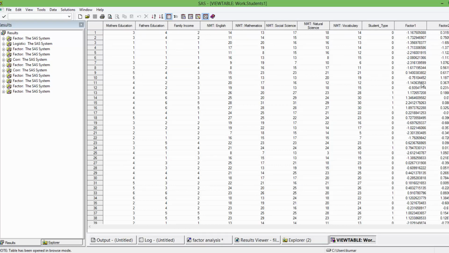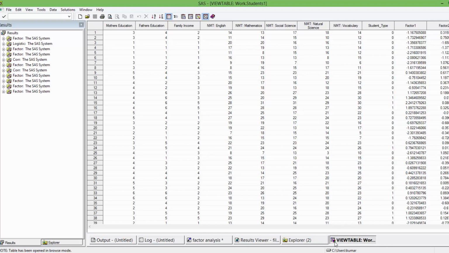You have the values for each and every observation. That is nothing but a combination of several variables together to come up with factor scores. Factor 1 and factor 2 are the final variables we have from the whole set of variables. Only these two variables will be used for further analysis. We call them factor scores.